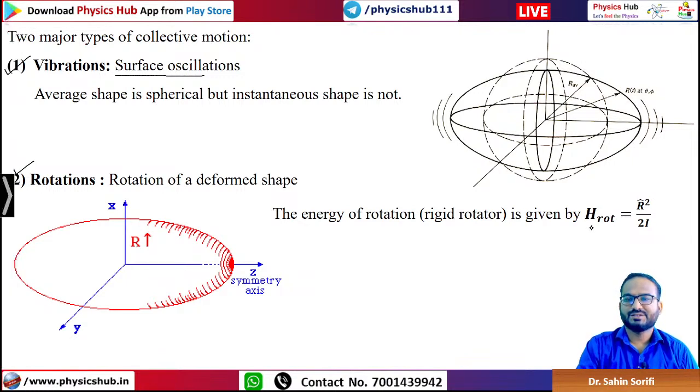Now you see H rotational is equal to R square by 2I. H is the energy operator. Now if we try to solve this, we can use the formula H psi is equal to E psi, right? You know, this is from quantum mechanics.